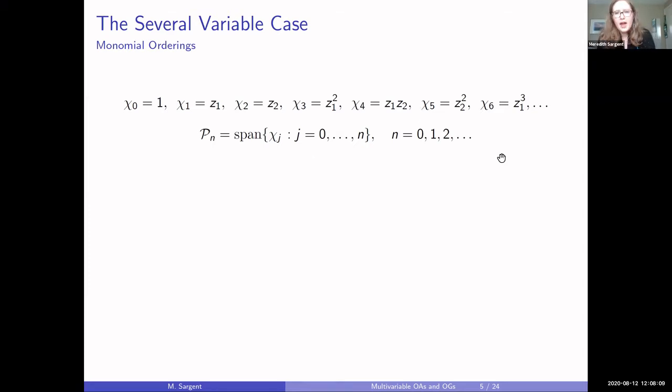So when you set that, instead of talking about the polynomials of degree less than or equal to n, I'm going to say Pn is the span of the first n monomials under this ordering. Okay, I'm just going to show you a diagram here real quick.